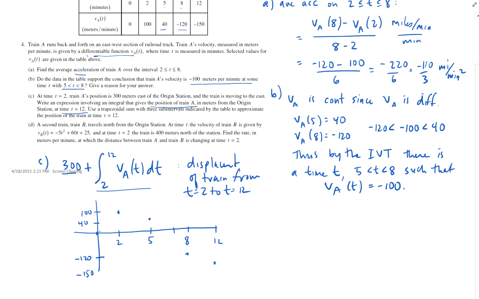So the trapezoid is going to be me connecting the dots and making the trapezoids. Oops. I love technology. Okay. Now this is kind of an interesting one right here. I don't know if you've ever really done one like that.